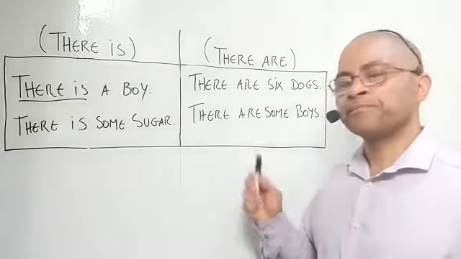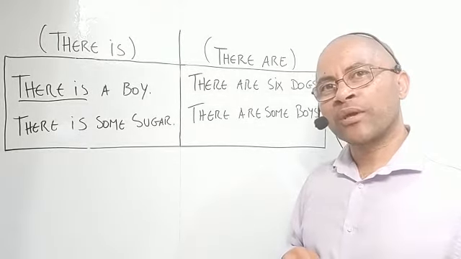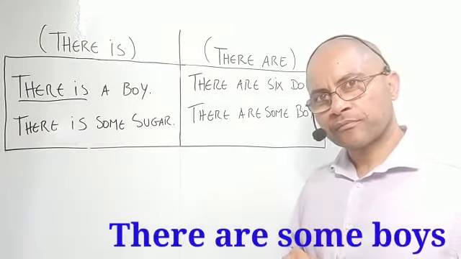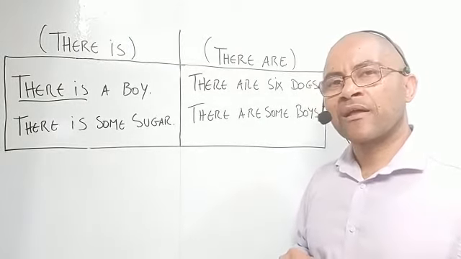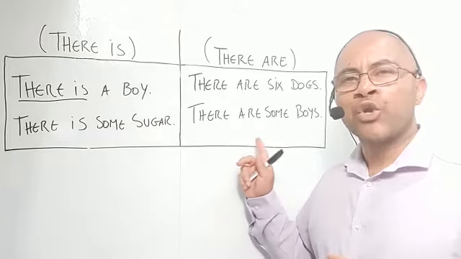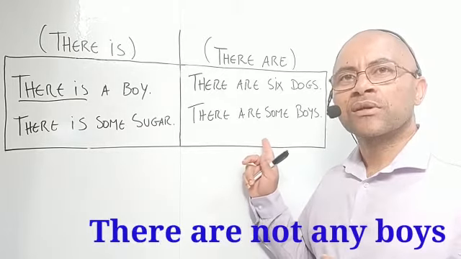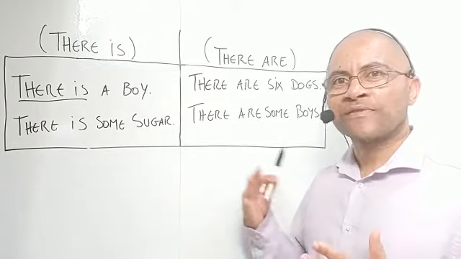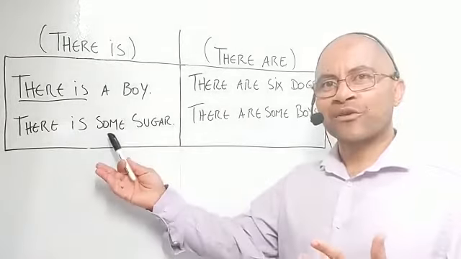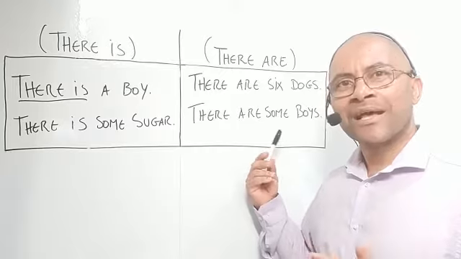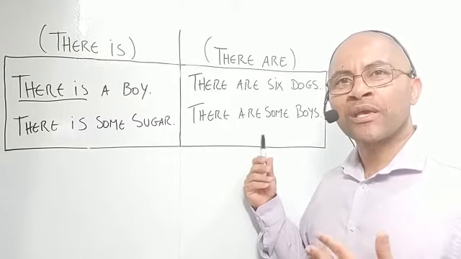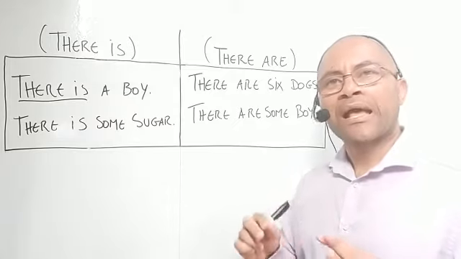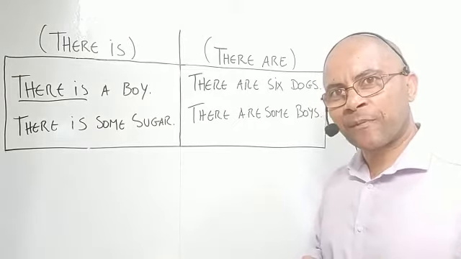For this one, then we have, there are some boys. With the negative, there are not any boys. We've seen the example with uncountable nouns. With countable and plural nouns, we have to use any for questions and negative sentences, okay?